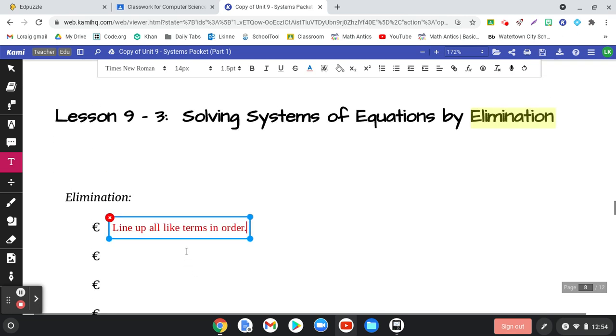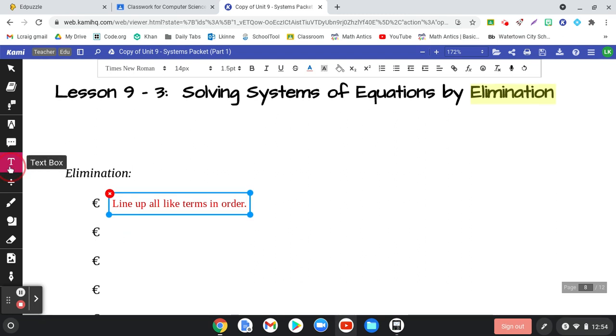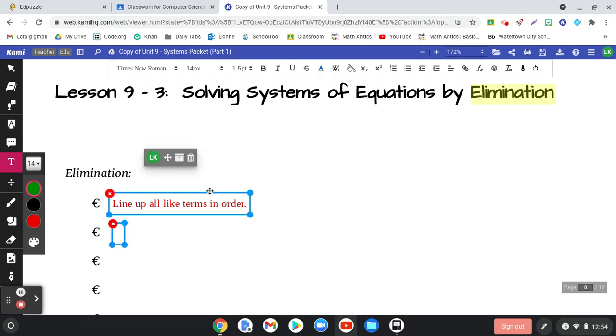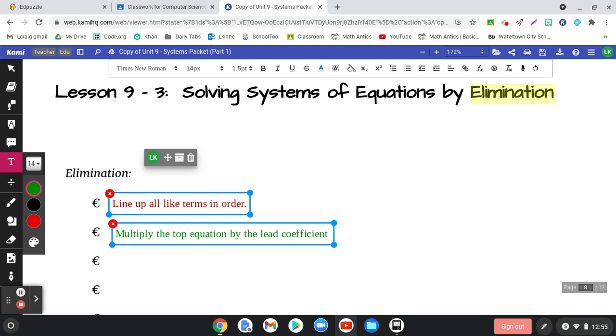Okay. The next thing that we want to do is we're going to multiply, and it's going to seem weird at first, but this works every time, so we'll get into the habit here. We're going to multiply the top equation by the lead coefficient of the bottom equation.